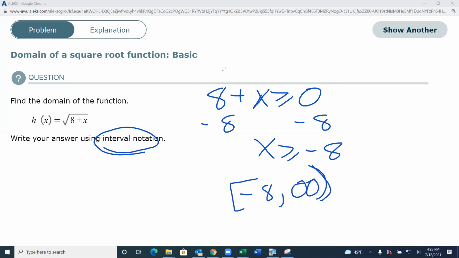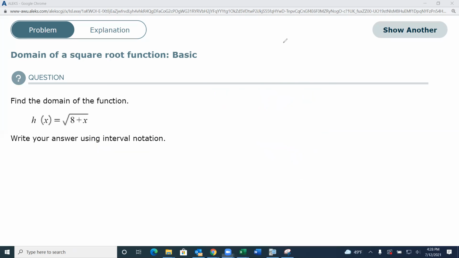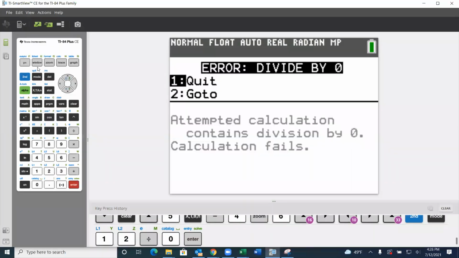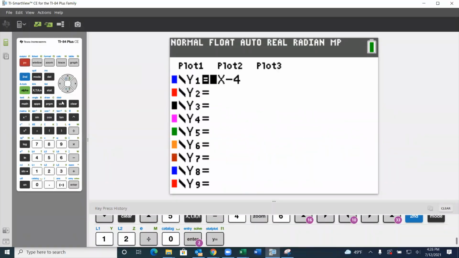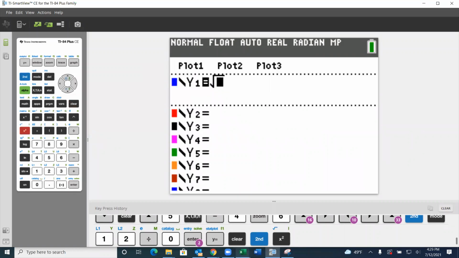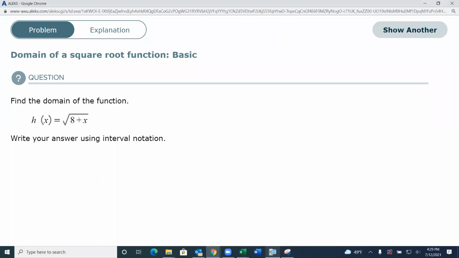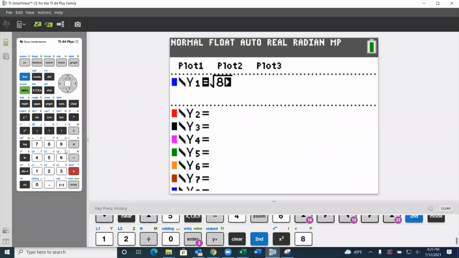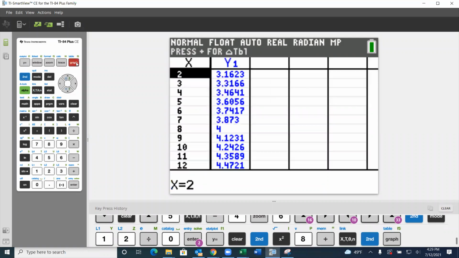So what if we wanted to explore that just a little bit to understand a little better? Okay, let's put that in the calculator. And so we'll plug in the function. 8 plus x. Okay. First of all, let's go to the table. So I'll go second graph.